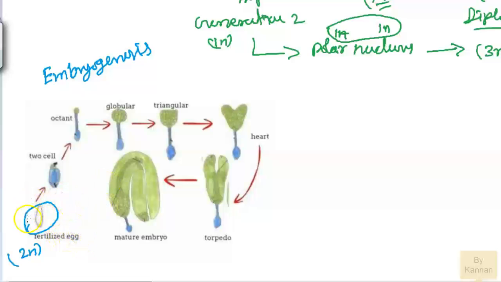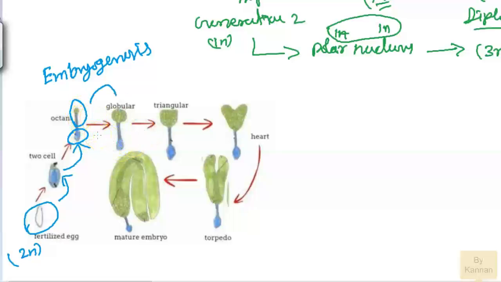After this fertilization, the zygote, a 2n single cell, starts dividing mitotically into a two cell stage. Then once again it reaches a multiple stage, that means an 8 cell stage. Here you can see that a part of the cells is settled down and most of the cells are in the upper region. You can see head-like projections and flattened neck-like projections also.